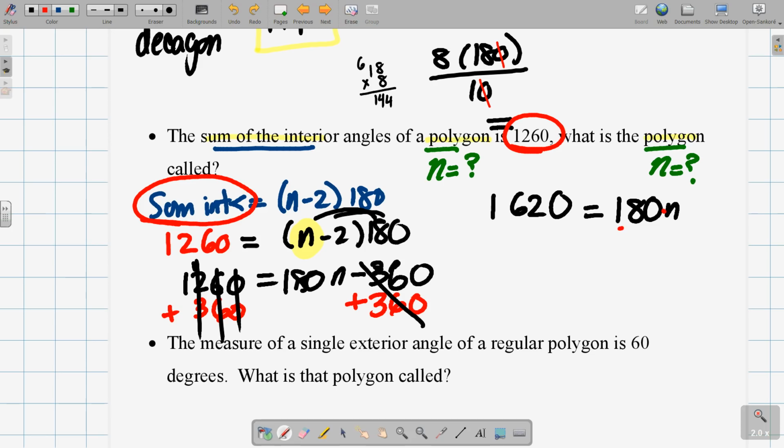Now that's times. The opposite of timesing is dividing. Do not be rummaging around for your calculator here, folks. You can get rid of the 0. A lot of you were trying to figure out, I don't know how many times 18 goes into 162. Great, don't try to do that.